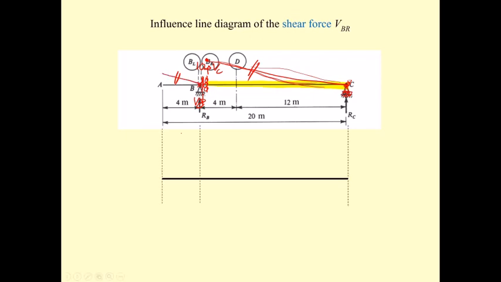Okay, let's put the pin at B and the roller at C, and the force here going upward, and the force here going downward, and it's going to rotate this. Since this one is 0, the total of this is 1, and this is going to be parallel, and then you get this one by using similar triangle as before.